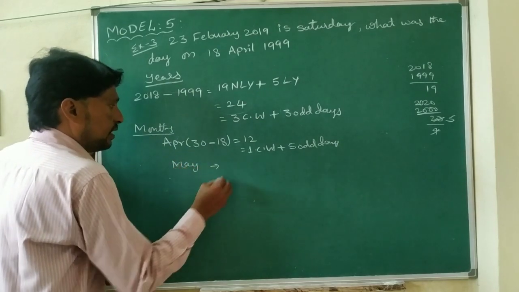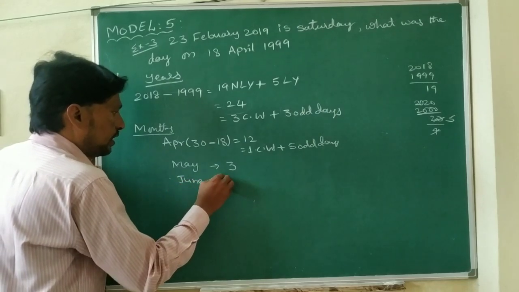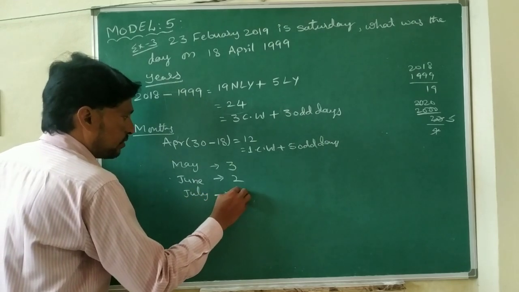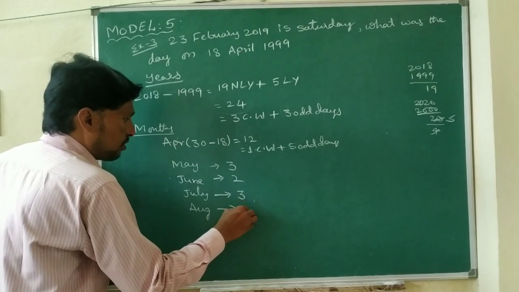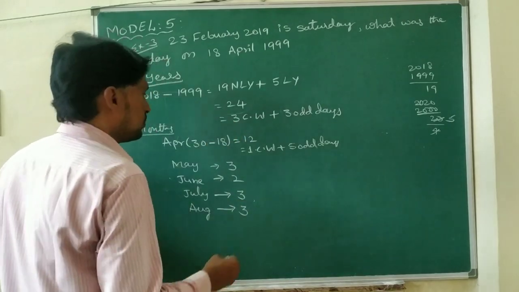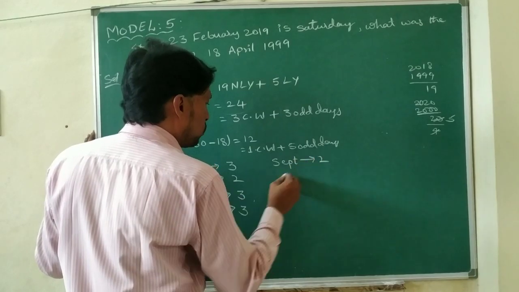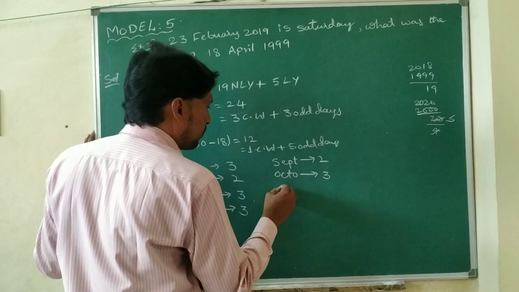May it is 3 odd days. June it is 2 odd days. July it is 3 odd days. August it is also 3 odd days. September it is 2 odd days. October it is 3 odd days.